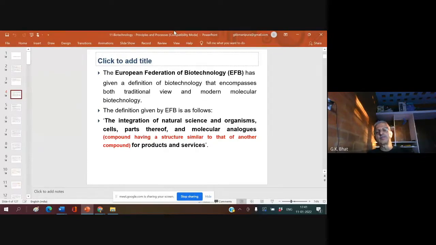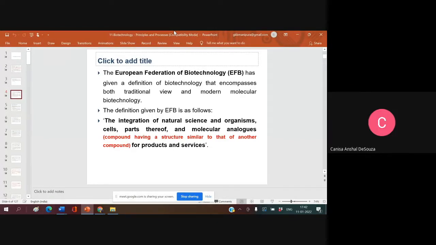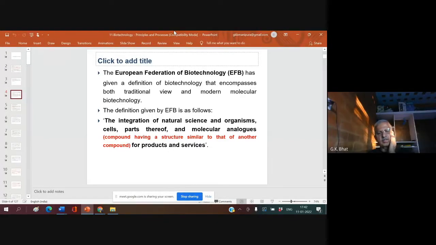Which are the natural sciences? Kanisa? What do you mean by natural science? Or anyone else? Who will tell me what is natural science? Namrata?